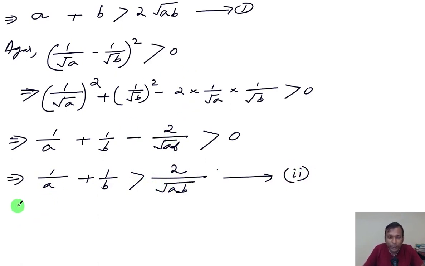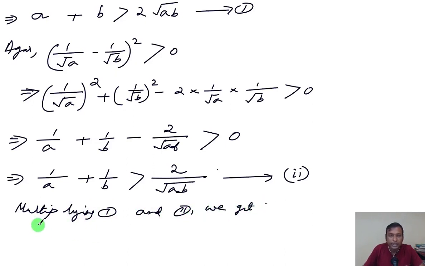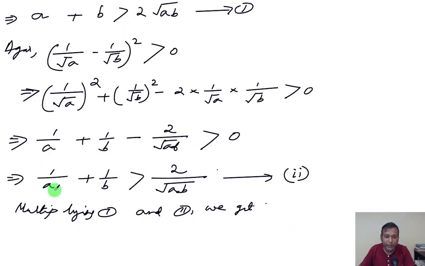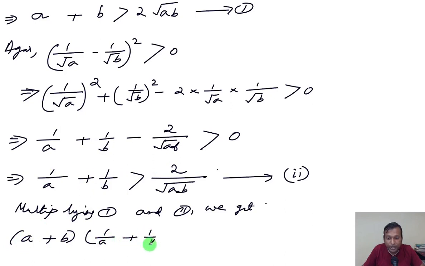On multiplying 1 and 2, you can see here the left hand side of equation 1 is a plus b and the left hand side of equation 2 is 1 by a plus 1 by b.